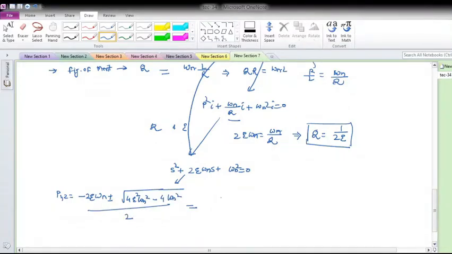Then I can simplify: 2 will get cancelled, so it will be minus zeta omega n plus minus omega n square root of zeta square minus 1.